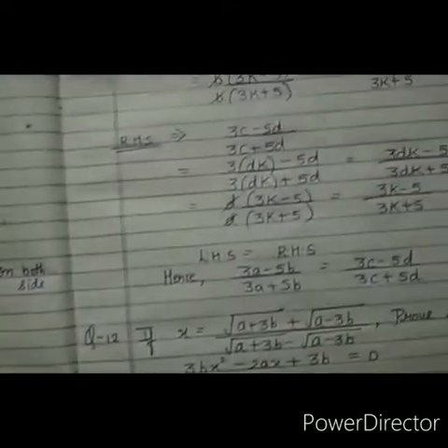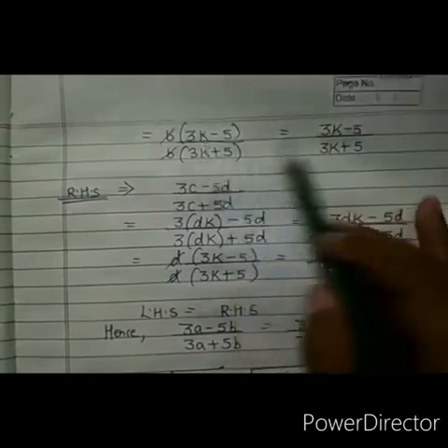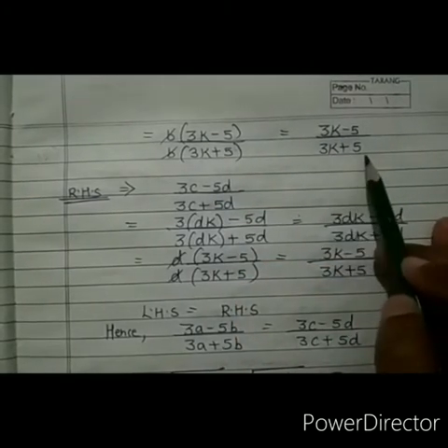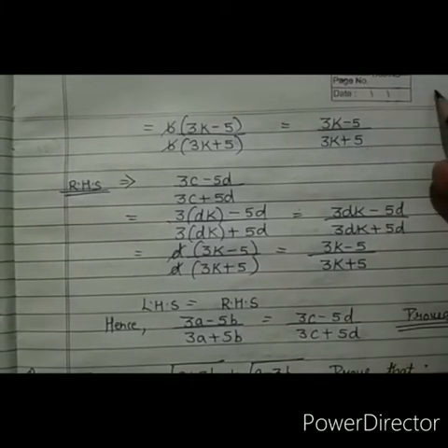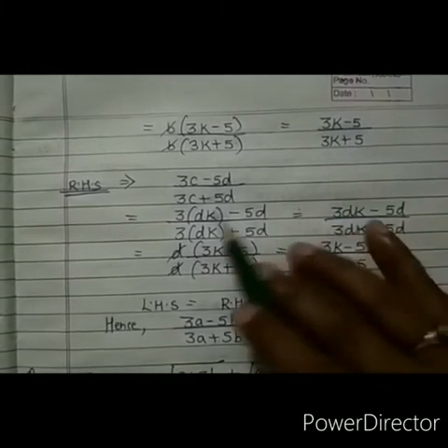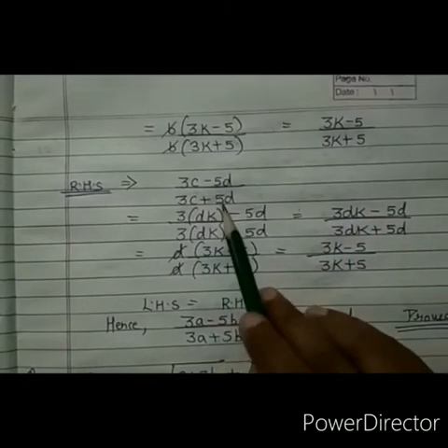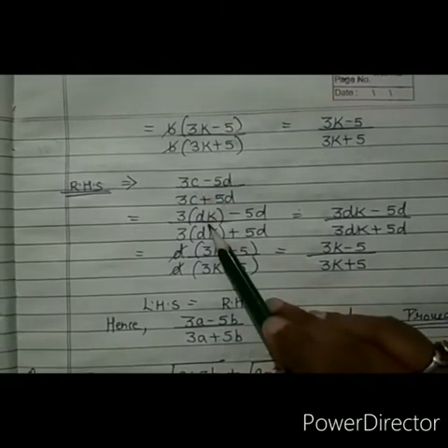So take it out common. Then when we take common, then we have 3k minus 5 upon 3k plus 5. So this is LHS. Now after solving RHS, we get RHS is 3c minus 5d upon 3c plus 5d. Here also we will put the value of c, which is equals to dk.